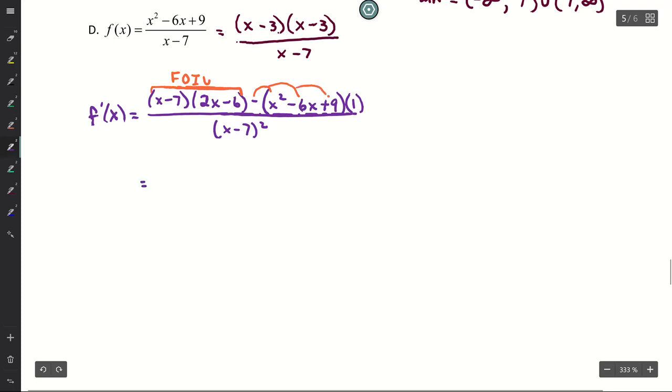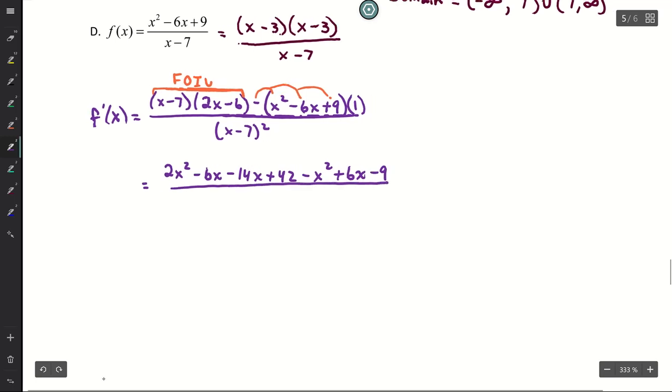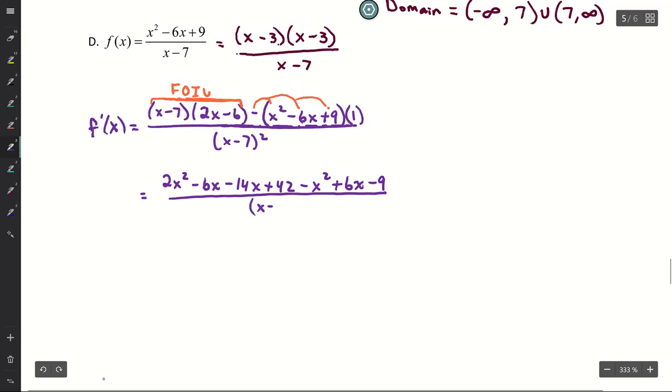So we FOIL 2x squared, minus a 6x, minus a 14x, plus a 42, and then distributing the negative, negative x squared plus 6x minus 9, and all of that is over x minus 7 all squared.